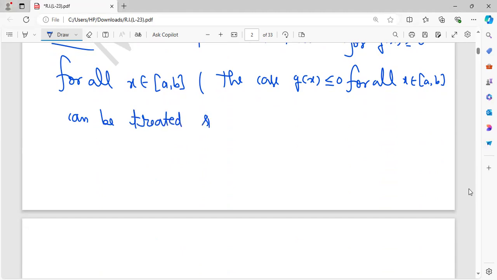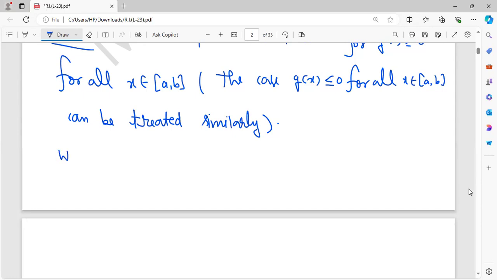So we are assuming that our g(x) is greater than or equal to 0. Okay.